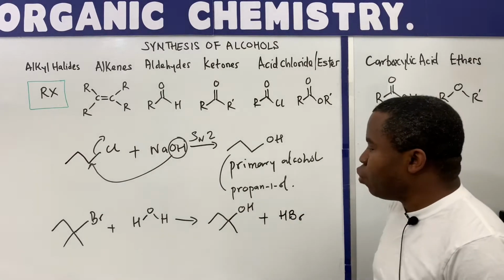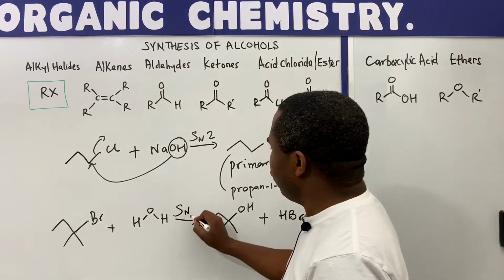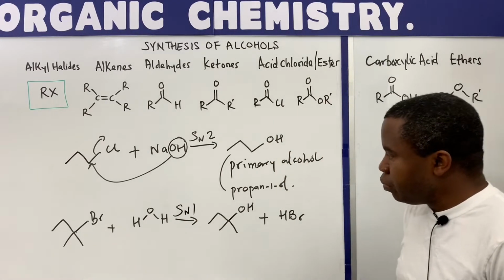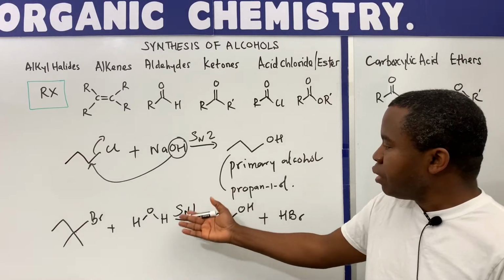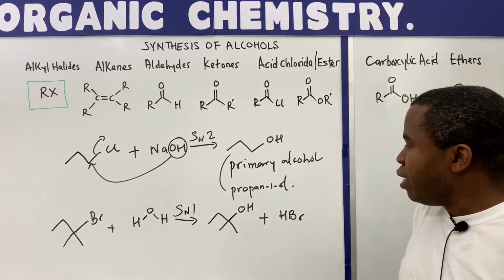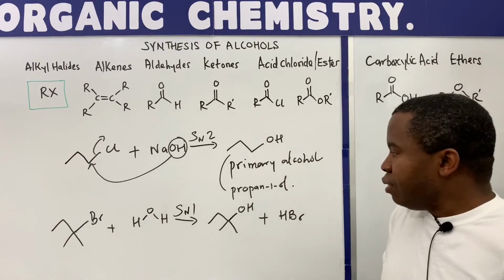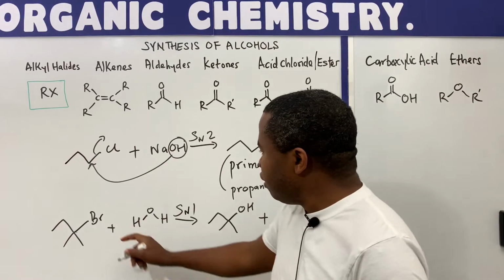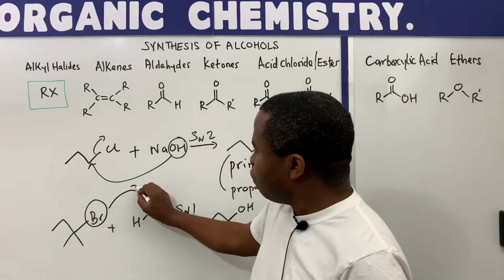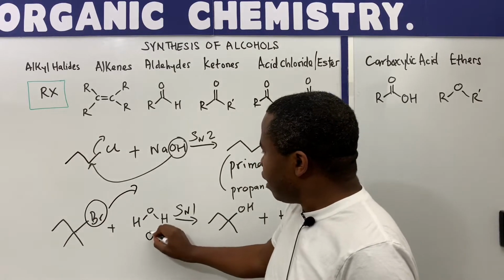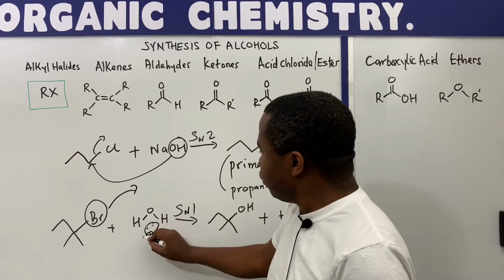In this case, we have an SN1 reaction. This is nucleophilic substitution unimolecular. And in this case, the reaction happens one step at a time. So we can have this bromide leaving first before the attack of the nucleophile happens.